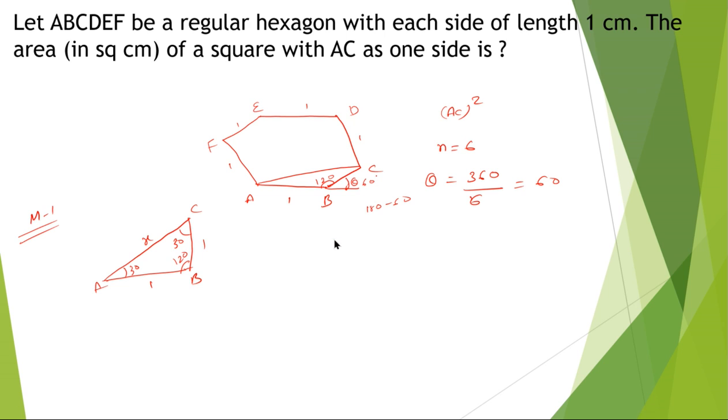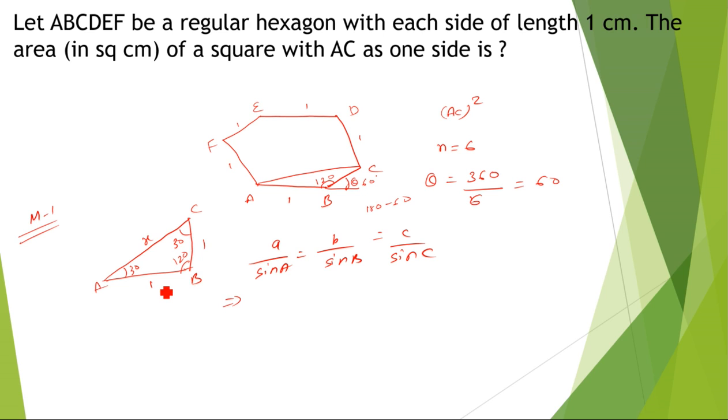So method 1 is that we will apply the sine rule. We know the sine rule, right? Its formula is a by sine A is equal to b by sine B is equal to c by sine C, where small a, small b, small c represent the lengths of the sides of the triangle, and capital A, capital B, capital C represent the angles.